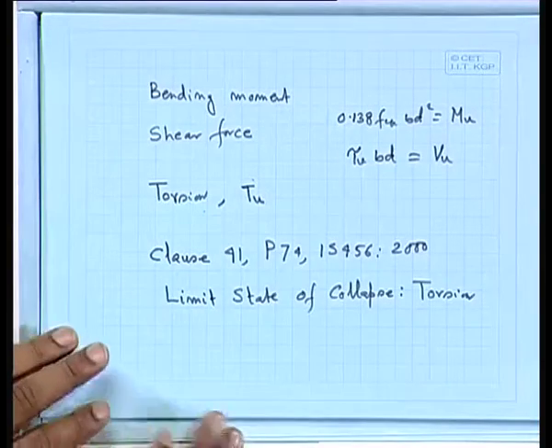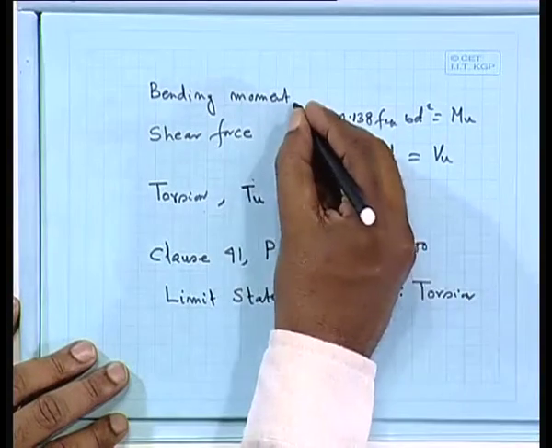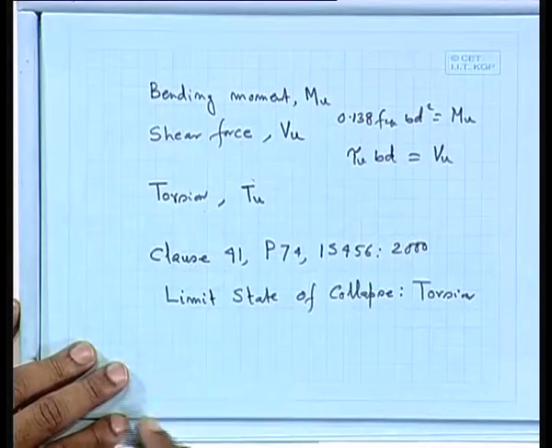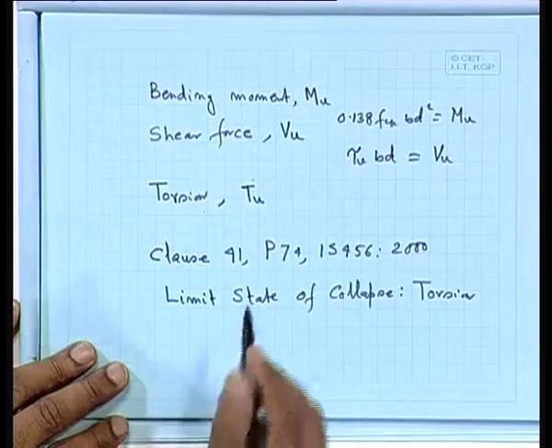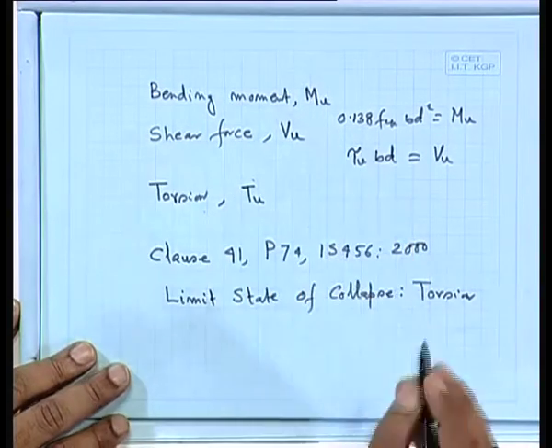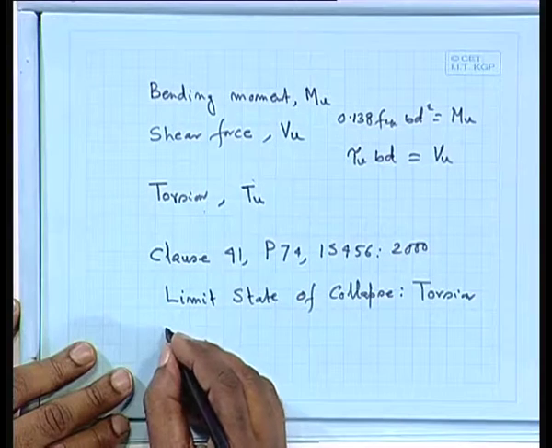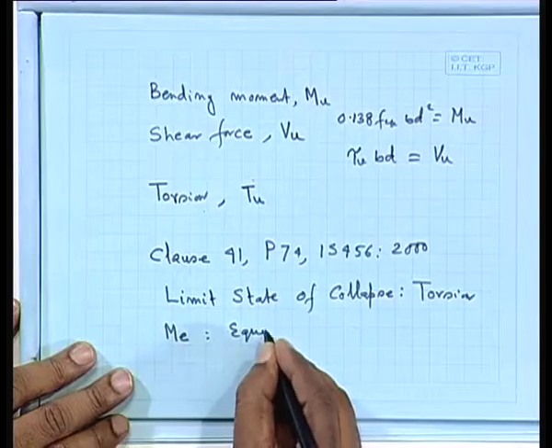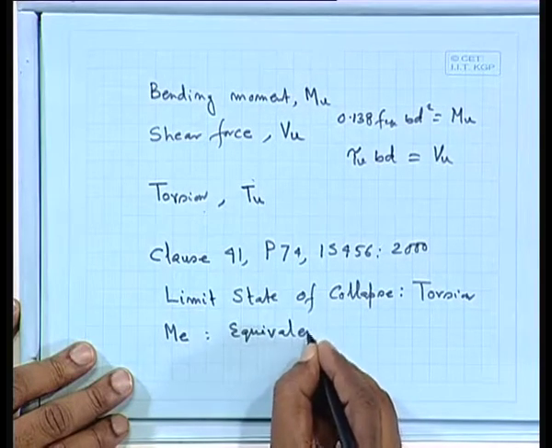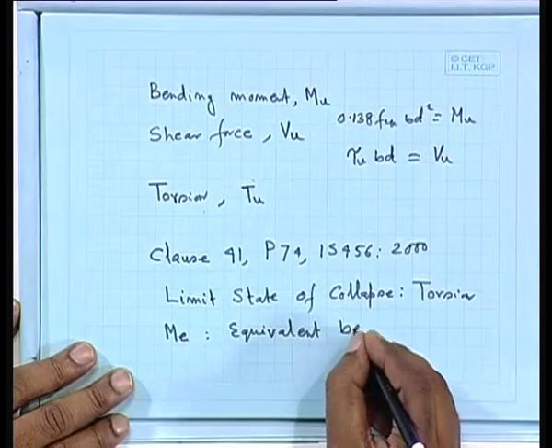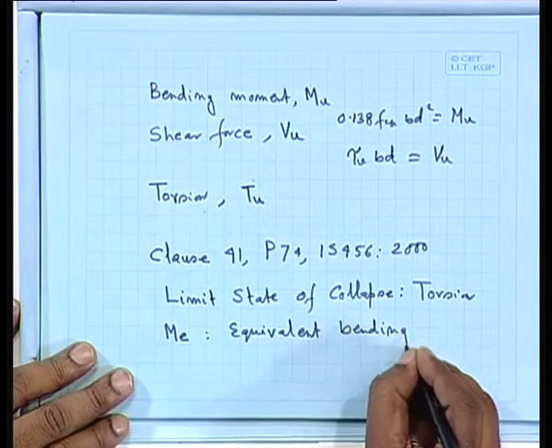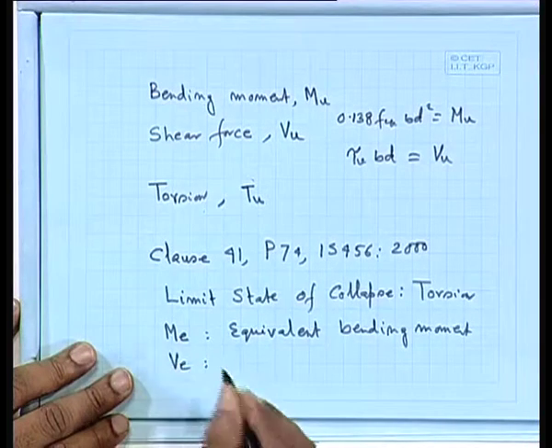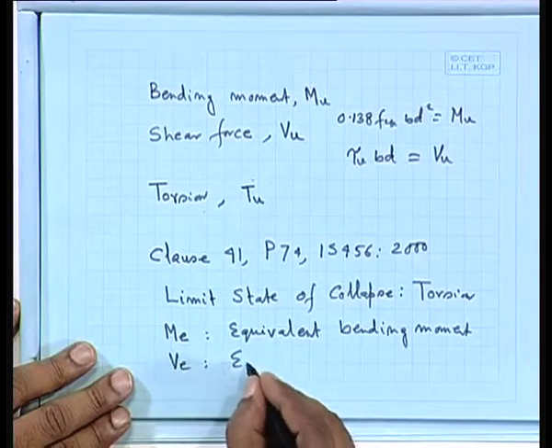So, what is our objective then? If this is your Mu and this is your Vu, then we shall find, as a function of Tu and Mu, Me, that is the equivalent bending moment, and Ve, that is the equivalent shear force.